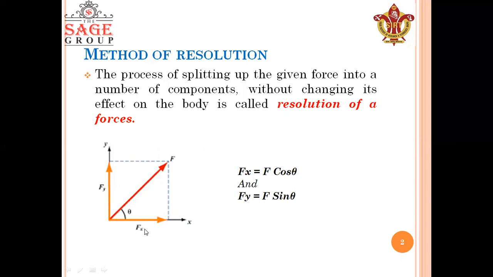Fx is equal to F cos theta, because the angle theta is made with the horizontal, and Fy is equal to F sin theta. If the angle is made from the vertical, then the vertical component will be cos. So this is the resolution of forces.